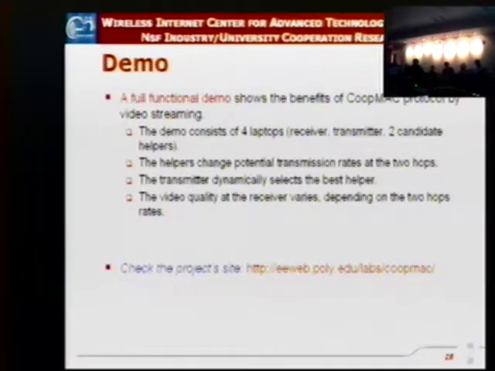So as you unplug, let's say, the card of the good helper, for a few seconds the video on the receiver freezes, and after a while it starts again receiving the video from the direct mode, let's say, which has a much worse quality. You are welcome to check the project's site, which is this.